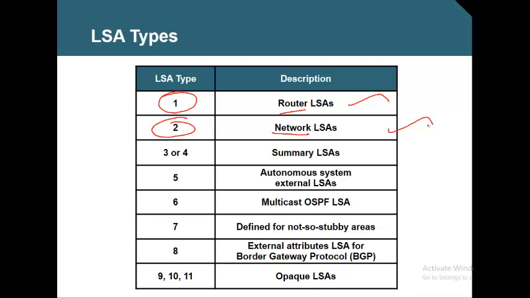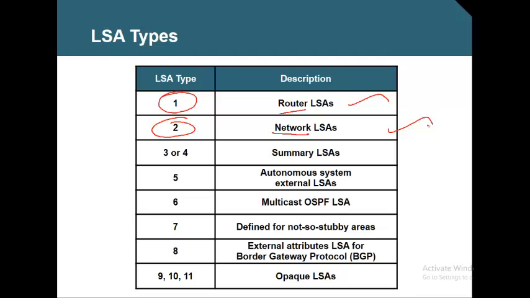Right. So through this type 1 and type 2 LSA, the other areas cannot learn anything, isn't it? That's correct, because they are local to the area. These two LSAs are not responsible for other areas to learn about this area. So there is another LSA we need, which is called summary LSA.